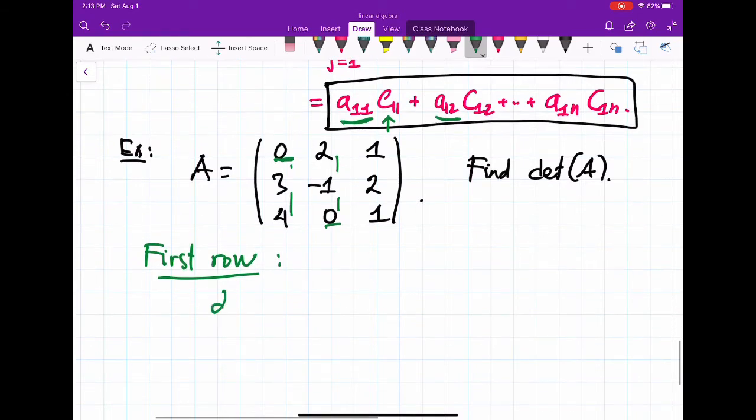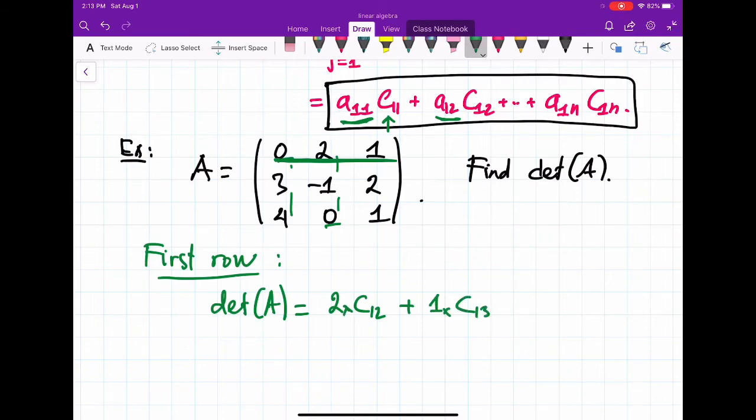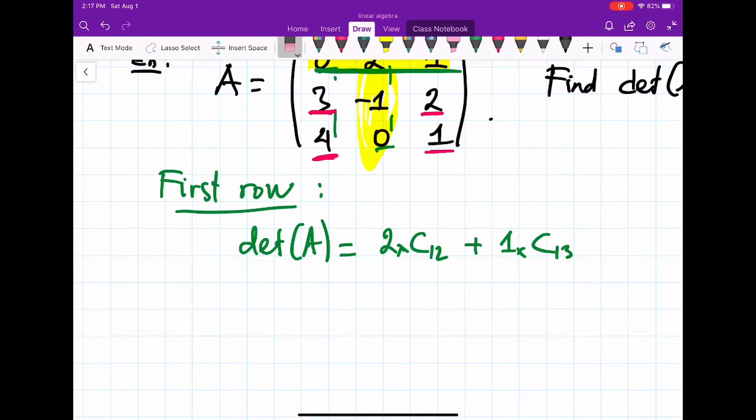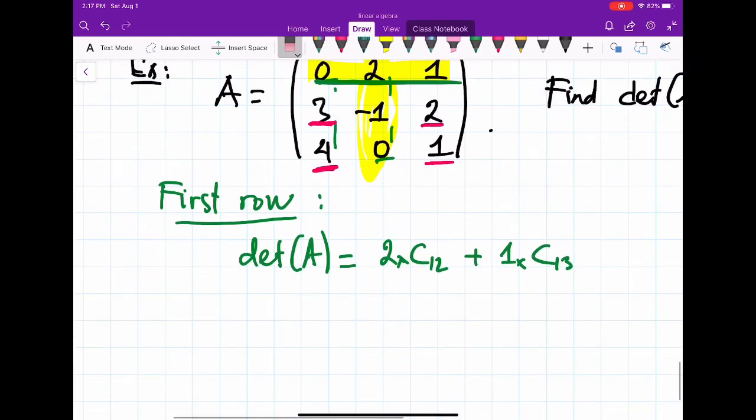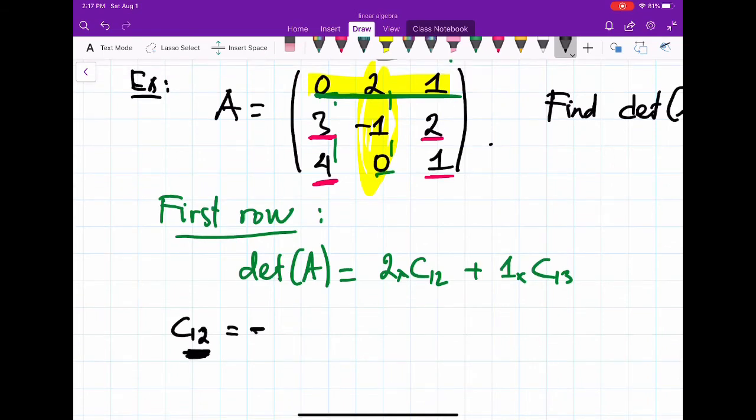I have the determinant of A equal to, I have 0, so I don't need to calculate C11, right? So I have 2 times C12 plus 1 times C13. Now let's find C12 and C13, okay? So what is C12? I can write negative right away because 1 and 2 are not of the same parity, so the sign is negative.